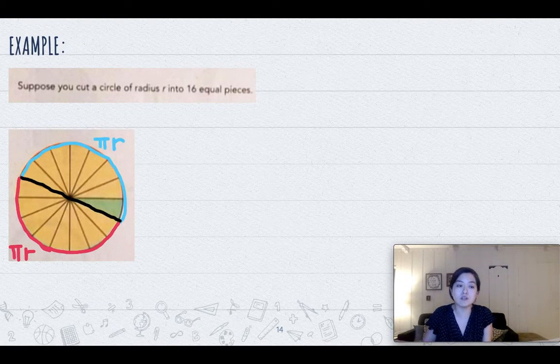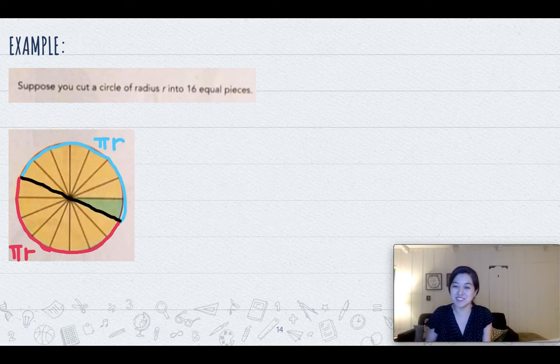And so that means the other half here, the circumference is pi times r. Like the length of this altogether is pi times r. Okay, and so I just drew this stick line here to represent the diameter because I wanted you to clearly see that this is a semicircle and this here is a semicircle. Okay, you're with me, right?